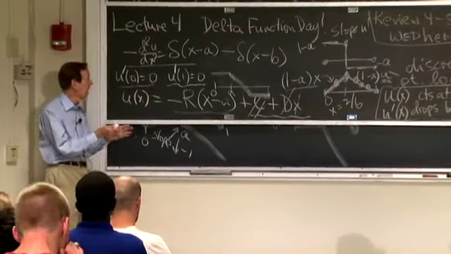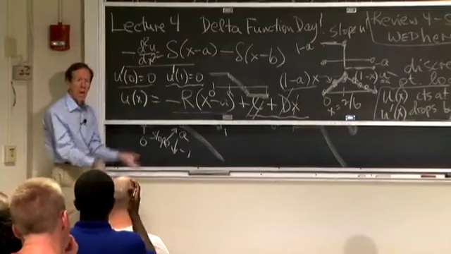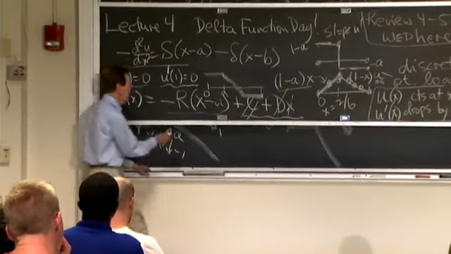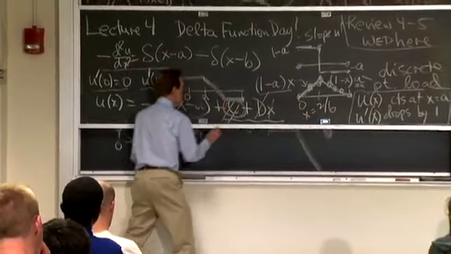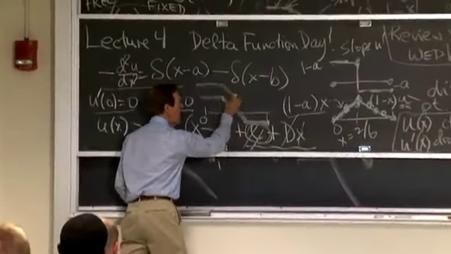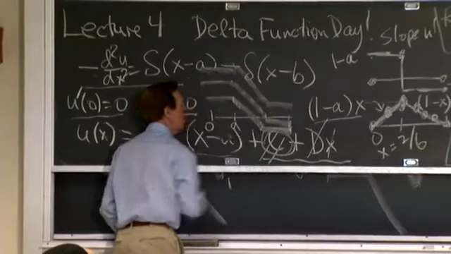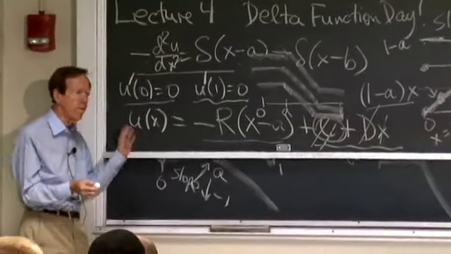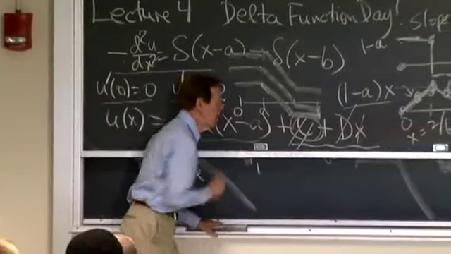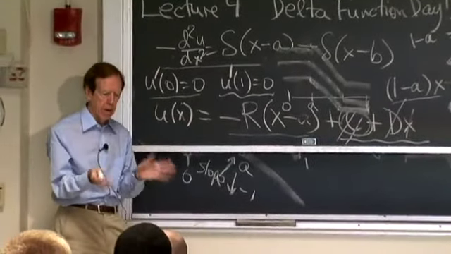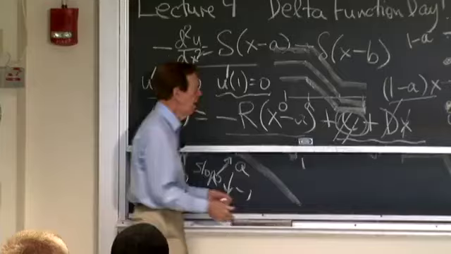I could shift, I could lift the whole thing. I mean, yeah, here, I've got a plus C that I haven't used. I could just do the whole thing higher up. Any of these. These would all work. Yeah. So I've got, it's like temperature. I don't have an absolute temperature here.